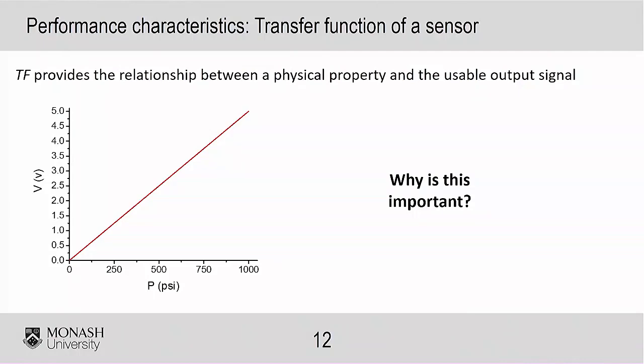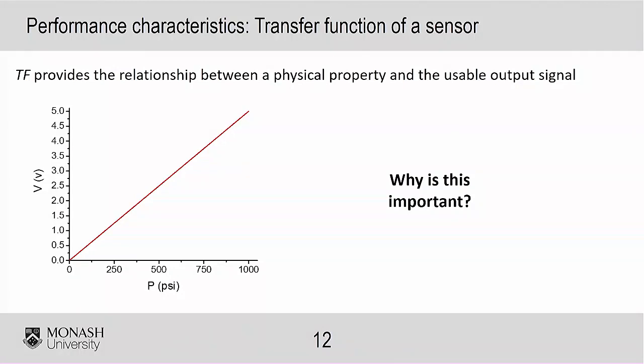And now we're going to be talking about performance characteristics of sensors. So this is going to use the majority of our lecture today, but it's very important for everyone to get an understanding of these characteristics for when they're picking their sensors, particularly for their project, or imaging techniques, but it applies to both. So first of all, the transfer function of a sensor.